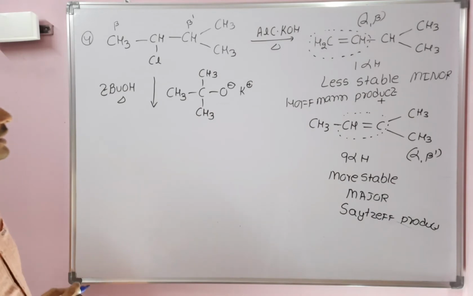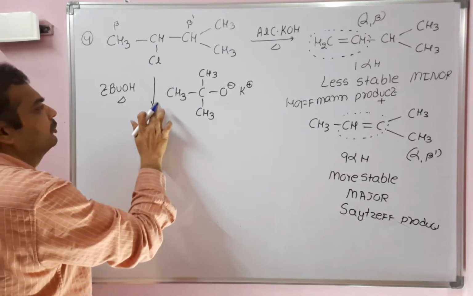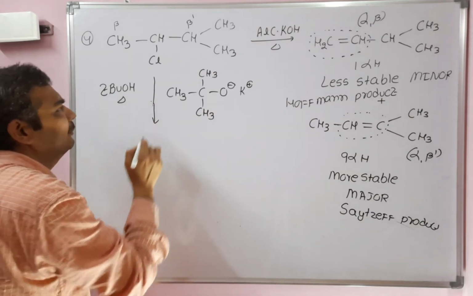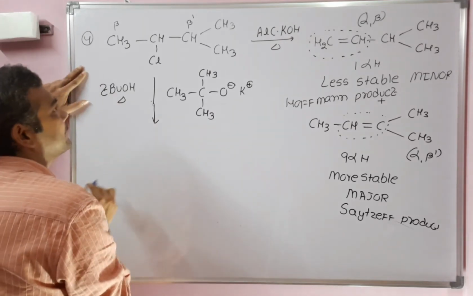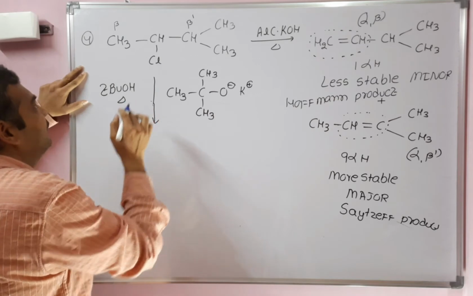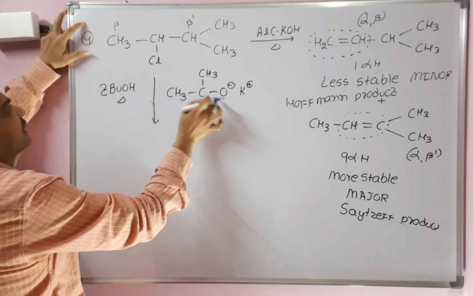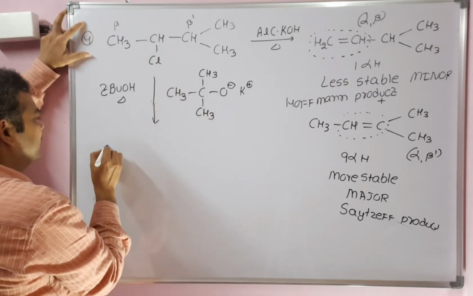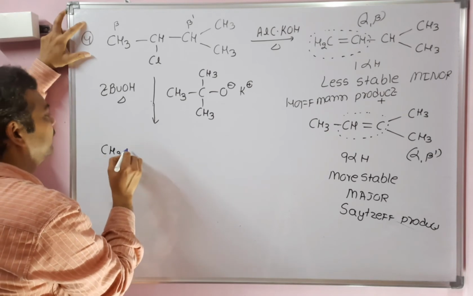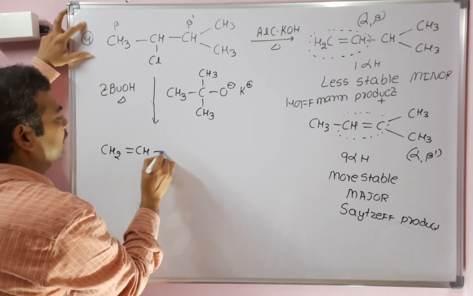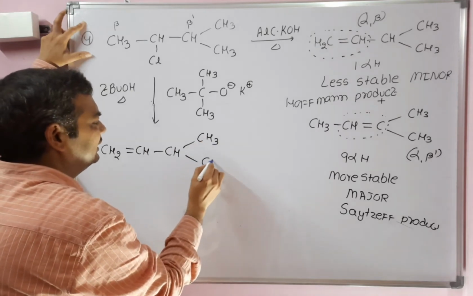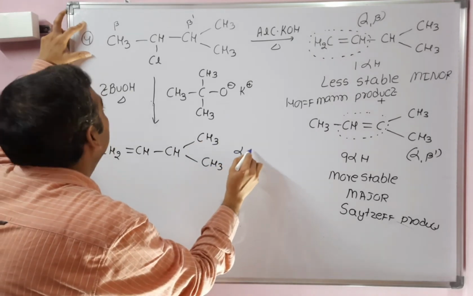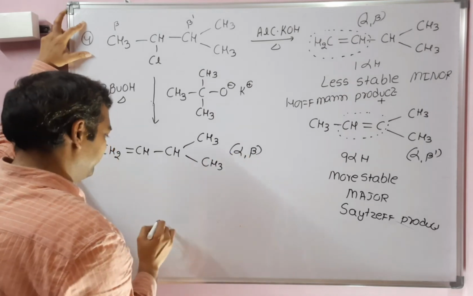See the second example carefully. The same reaction, if you run it with potassium tertiary butoxide in tertiary butanol. Suppose tertiary butoxide abstracts a proton here, in the first case you will get CH2 double bond CH, CH3. This is because of alpha, beta elimination.